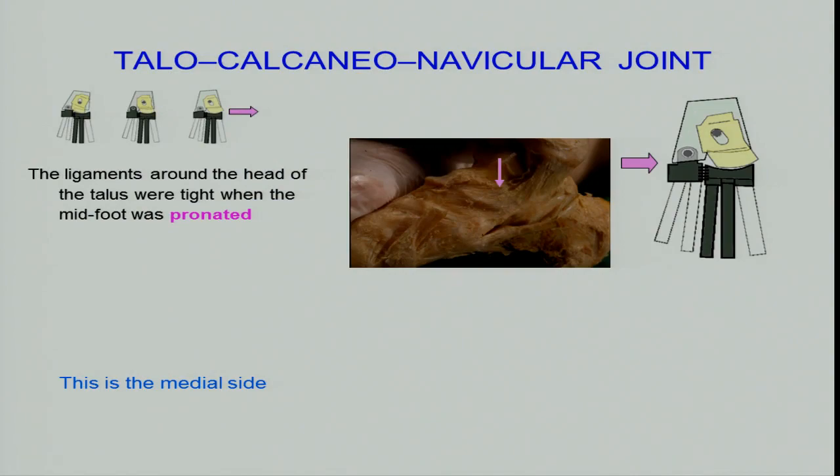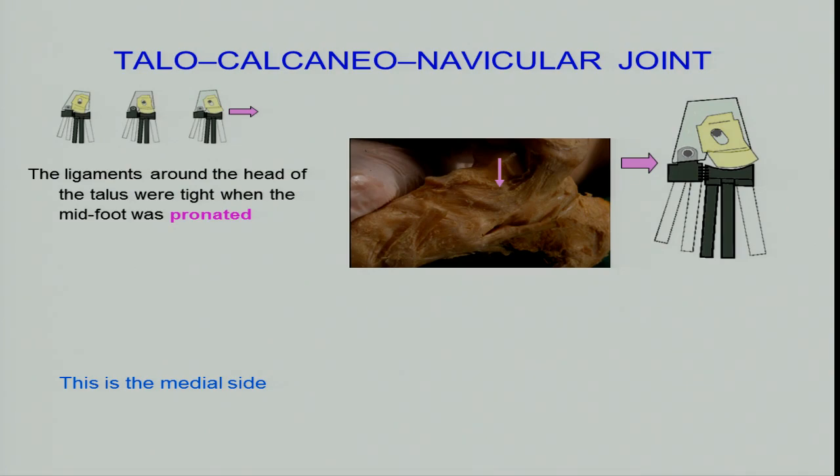Now, what we found in our specimen was that when the midfoot was inwardly angulated and pronated, in other words, the longitudinal structure was flattened, all the ligaments around the head of the talus, that's the medial, the navicular part of the bifurcate, were tight.